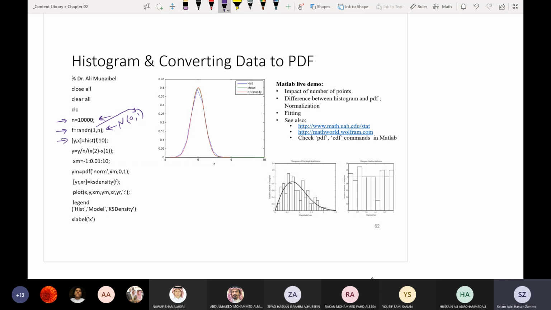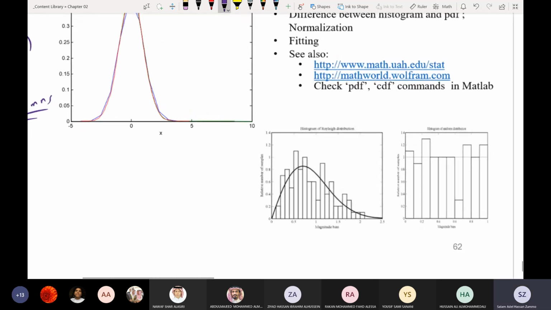Now, if you plot the histogram, hist, f is the random variable, and 10 here is the number of columns. Which columns? Let us see. The PDF looks like a continuous, nice function.